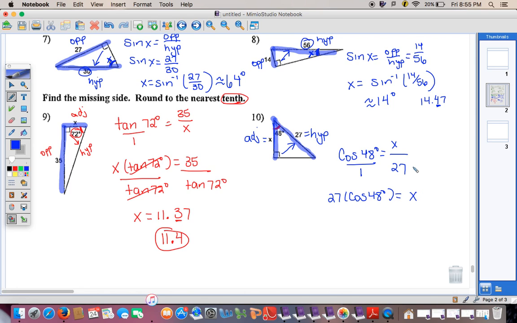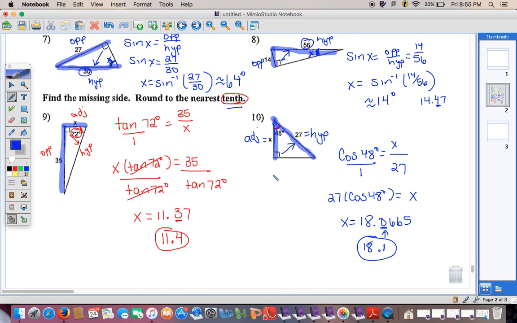And we have x completely by itself, so we're just simply going to multiply 27 times cosine of 48 degrees and get that x is equal to 18.0665. Again, we're rounding to the nearest tenth, so we're rounding to this place value right here. And if we look to the right, this 6 is greater than or equal to 5. So this is going to go up to a 1, and we're left with 18.1 for x.